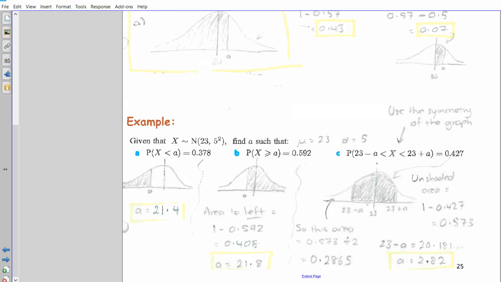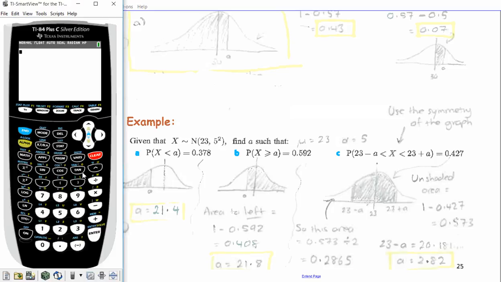So plug that into the calculator. Let's go second vars, 3 inverse norm. So we need to put in 0.2865, enter. Our mean is still 23 and our standard deviation is still 5. So what that has told us is that 23 minus A is equal to this number.